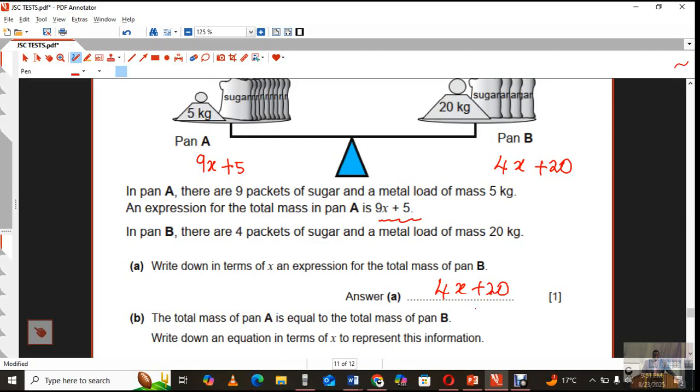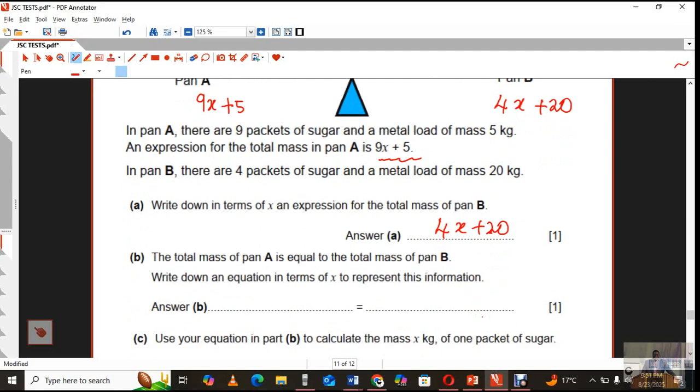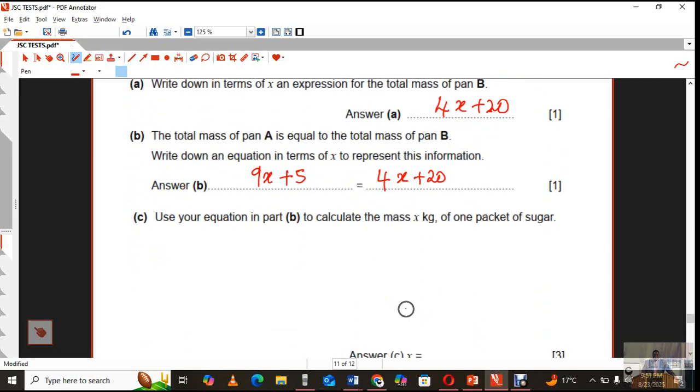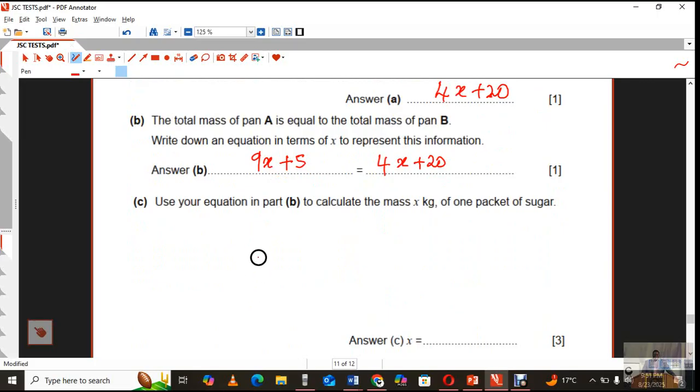It's the same answer. Right, the only thing that you needed to do here is you needed to see that, wait a minute, this is going to be an equation where the unknown is on both sides. So we definitely have to solve for that in part C. Use your equation there to calculate the mass. So I'm going to have the 9x. Let me just write it down again over here. So I'm going to collect like terms.